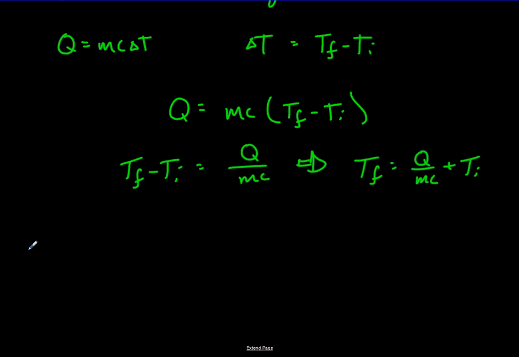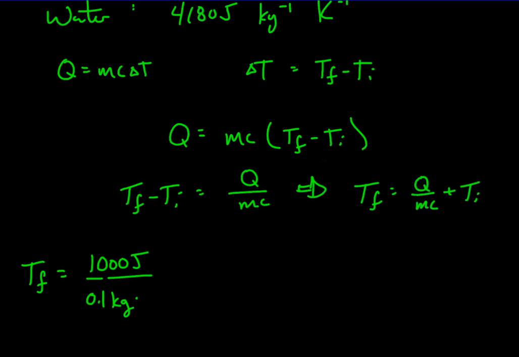So let's try it for the aluminum block. Oh, sorry. I guess I can start putting numbers in. We said that we were going to put 1,000 joules in, right? So 1,000 joules goes in. The mass we said was 0.1 kg. Okay, and I think we said we were doing the aluminum one, right?